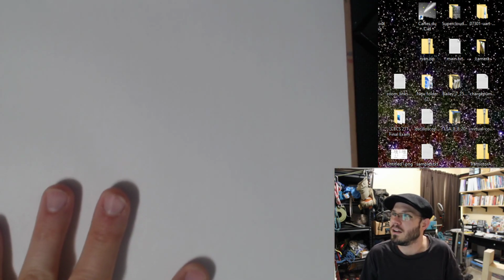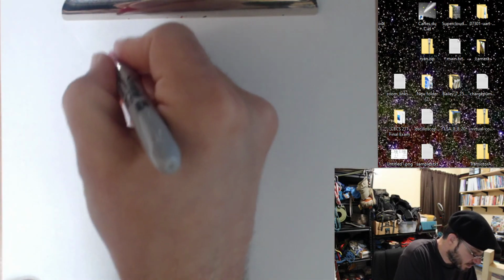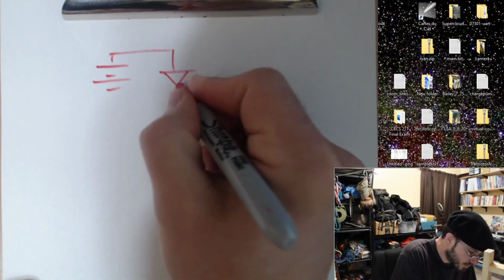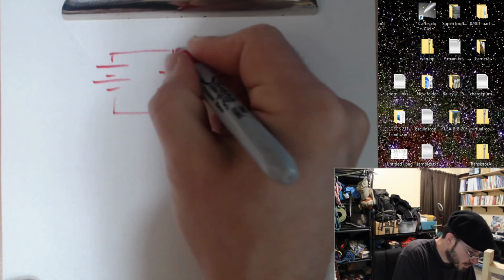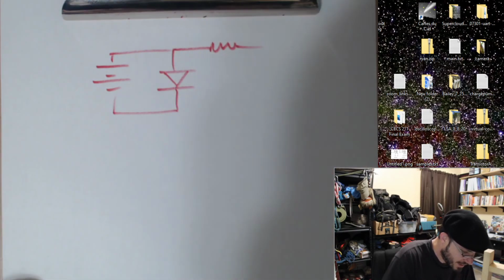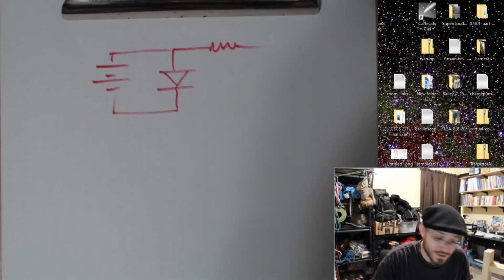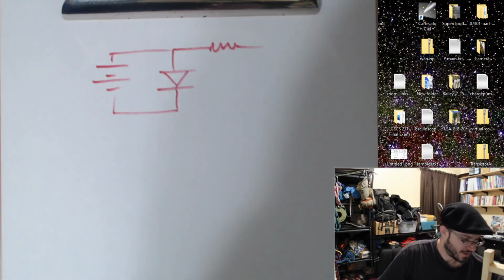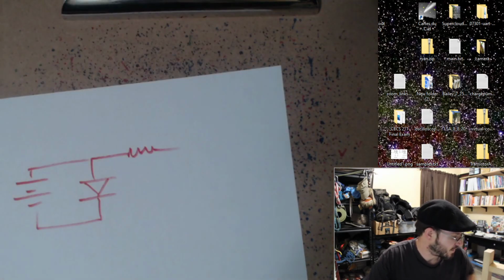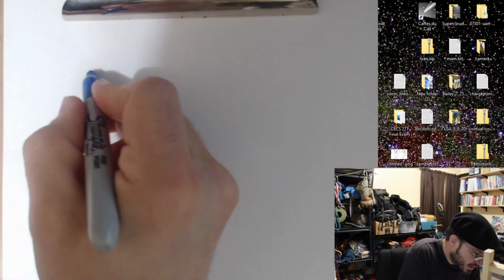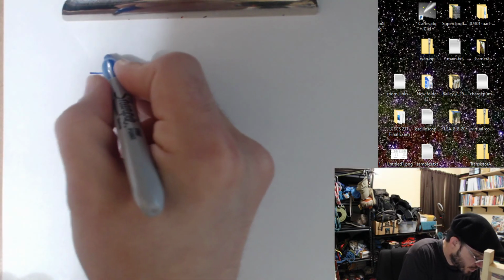Do I put it in parallel? Somebody said add a resistor, so let me go ahead and add a resistor. There, I added a resistor. Okay, series, right? Add a series resistor into this circuit.